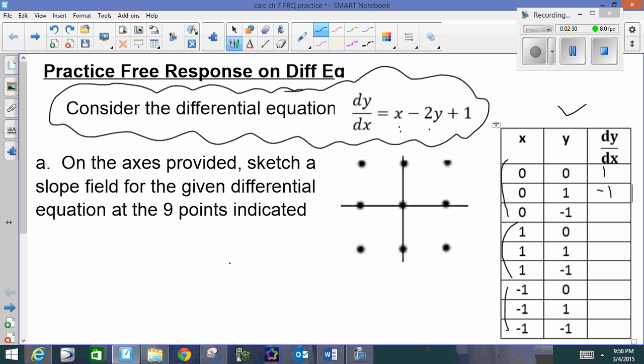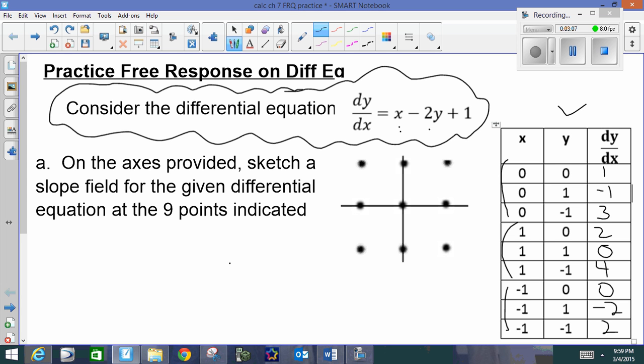And you go through these. x equals 0 plus 2 plus 1 equals 3. x equals 1 minus 0 plus 1 equals 2. x equals 1 minus 2 plus 1 equals 0. x equals 1 plus 2 plus 1 equals 4, and so on and so forth. 0, -2, and 2. It's just arithmetic, just be careful.